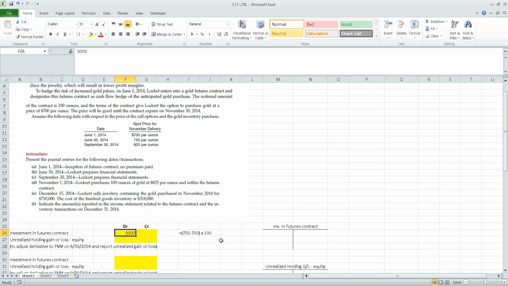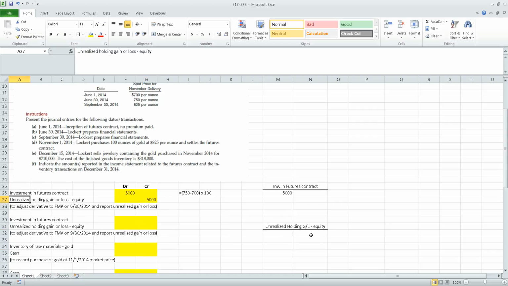So we're going to establish a balance in the investment in the futures account, which currently has a 0 balance. Establish a balance of $5,000 in that account by this debit, and we're going to have an offsetting credit of $5,000 that's going to go to the unrealized holding gain or loss dash equity account. So we're going to drop that balance in here.